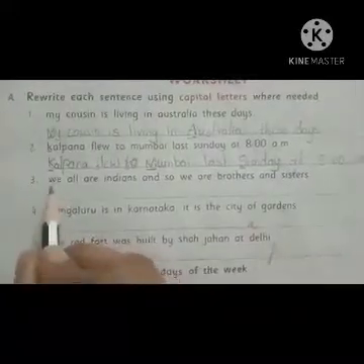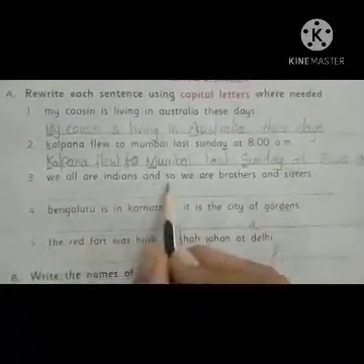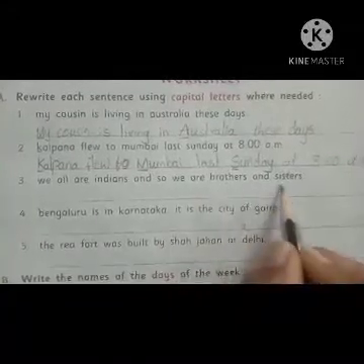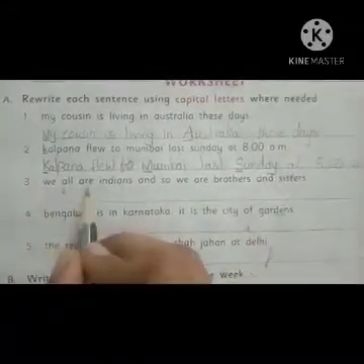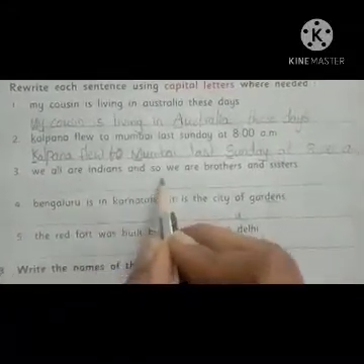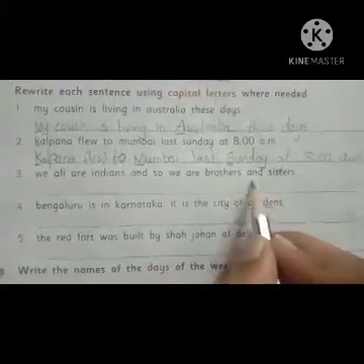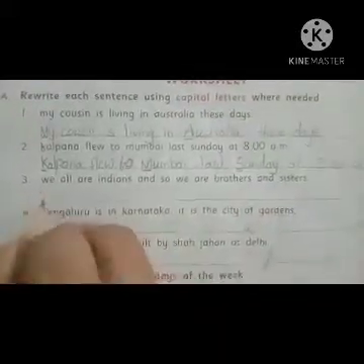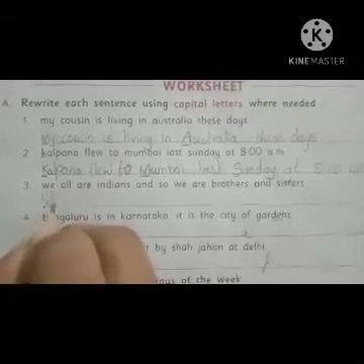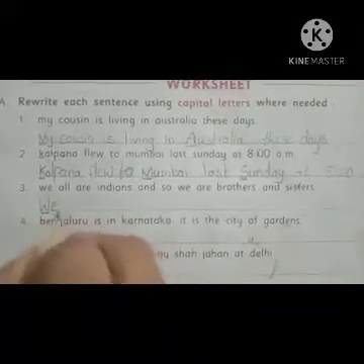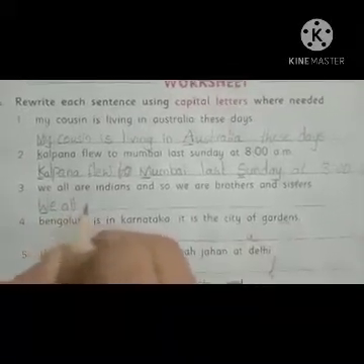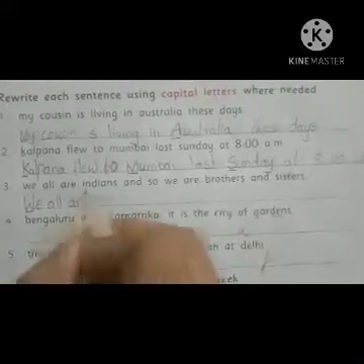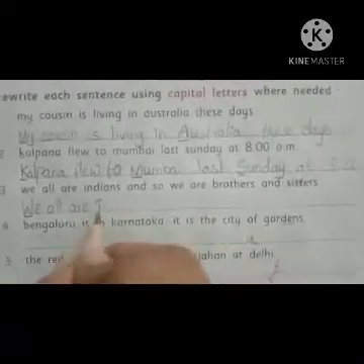See the third one. We all are Indians and so we are brothers and sisters. Write the first letter as a capital letter, no? W-E. W, underline. All are Indians, no? I, capital letter.